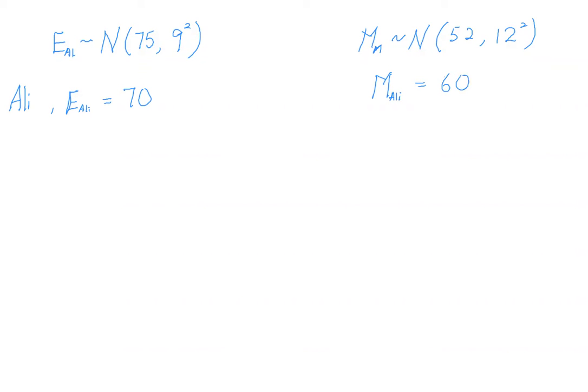So based on Ali's marks, did Ali perform better in EAL or maths? On marks alone, it would be EAL. Yeah, on marks alone it is EAL, correct? 70 marks.